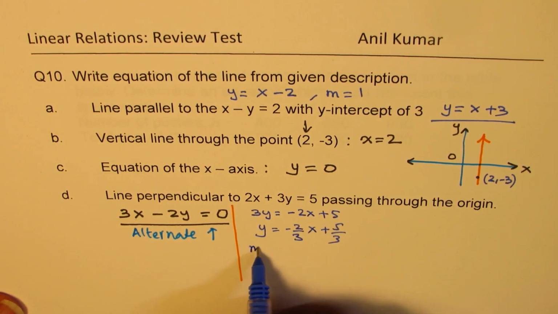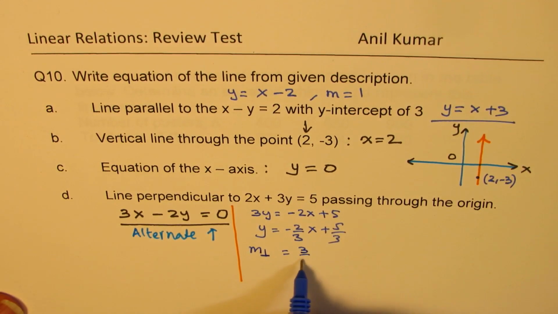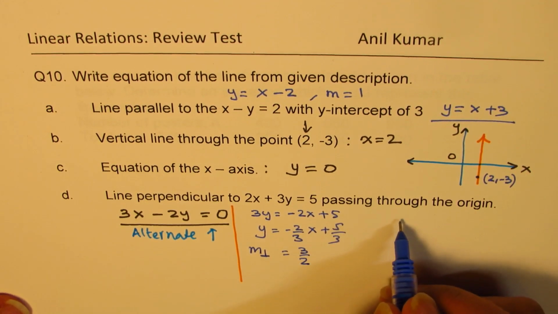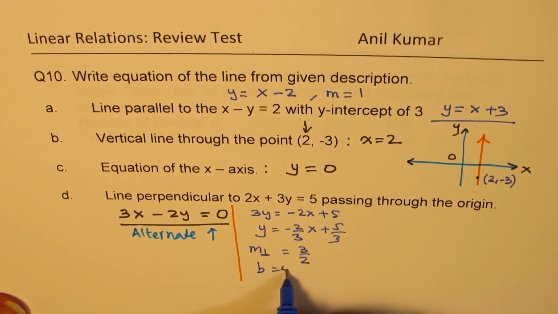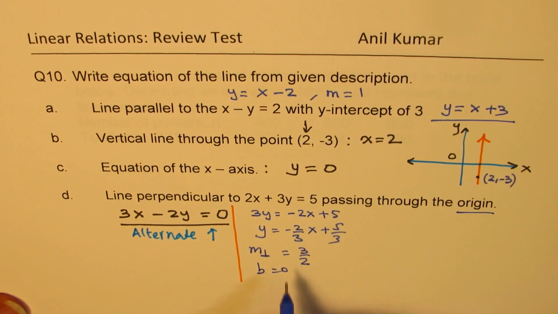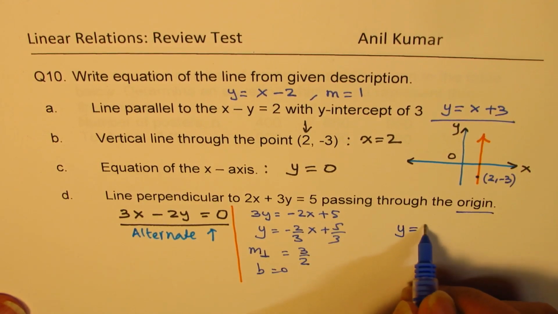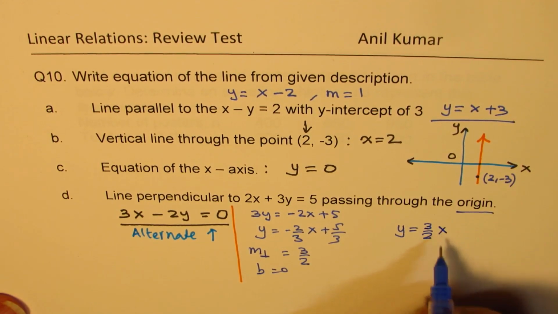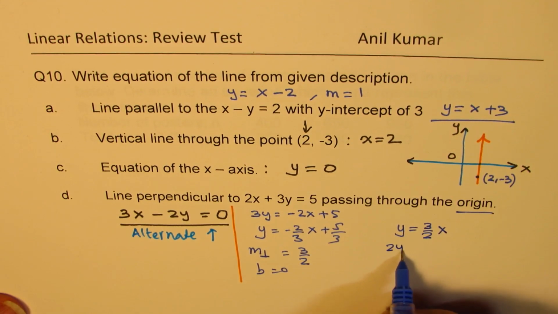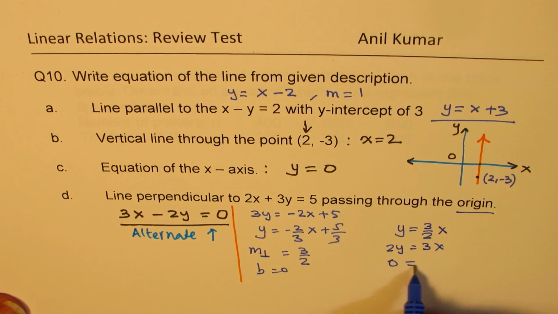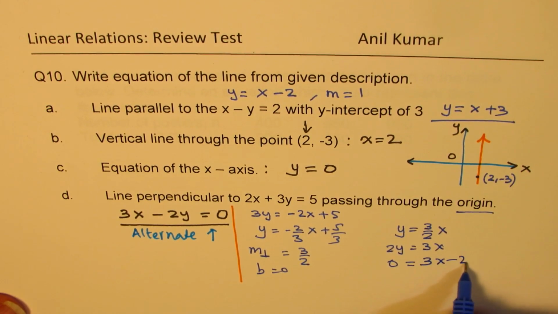So for a perpendicular line, the slope will be 3 over 2, right? So you write the equation, and b equals 0 since it is going through the origin. Therefore, the line will be y equals 3 over 2 x, cross multiply, 2y equals 3x, take it to the same side, 0 equals 3x minus 2y.